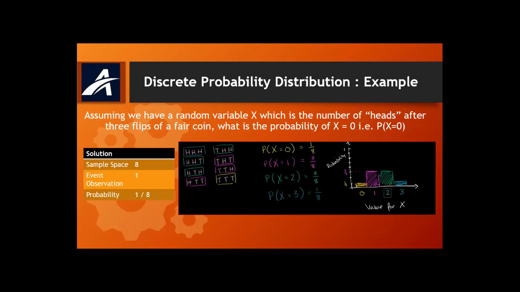Now let's look at the probabilities. The probability 3/8 and 1/8, which one is bigger? 3/8. Yes.